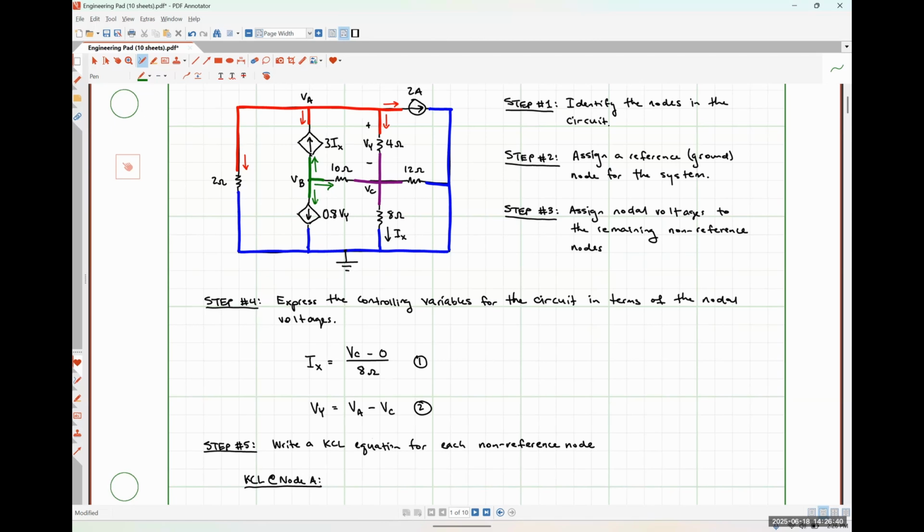So I want to start with the current flowing up. Can anybody tell me how I would represent that current for this KCL equation? Would it just be 3ix? Exactly right, Wes. Thank you very much.